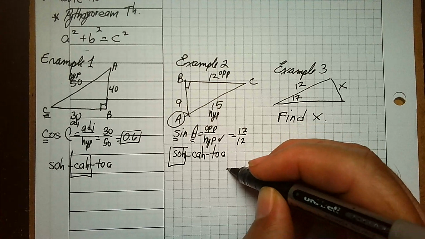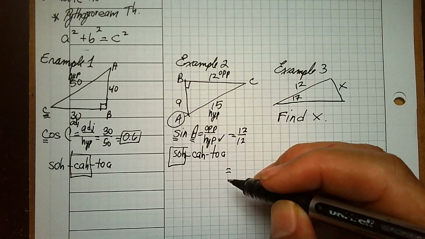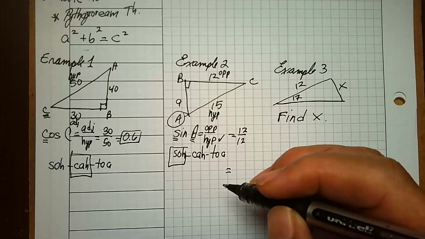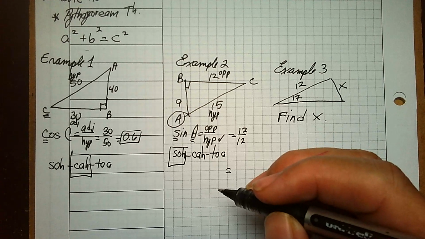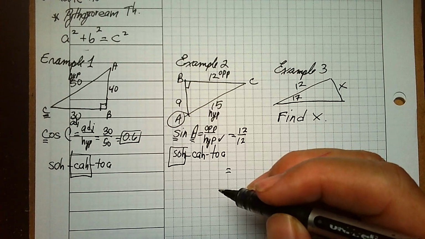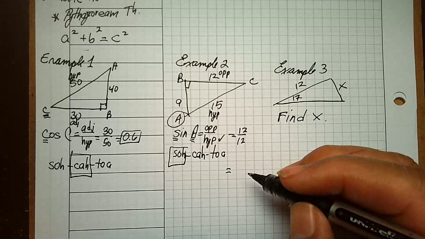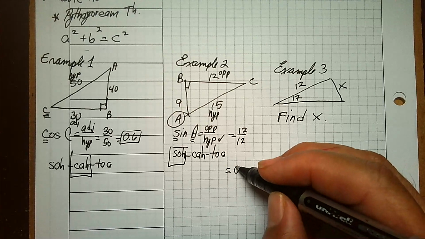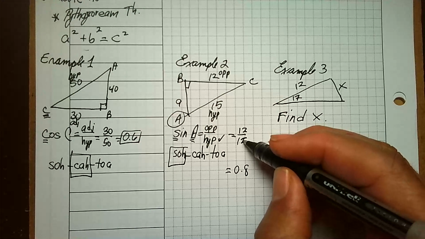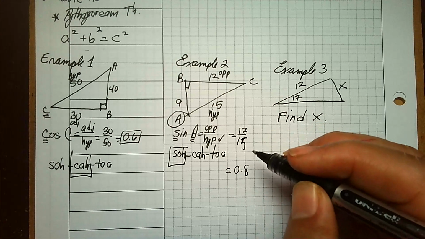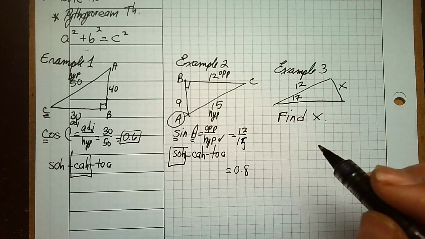Applying the calculator, 12 divided by 15. I'm sorry, this should be 15. So 12 divided by 15 is 0.8.